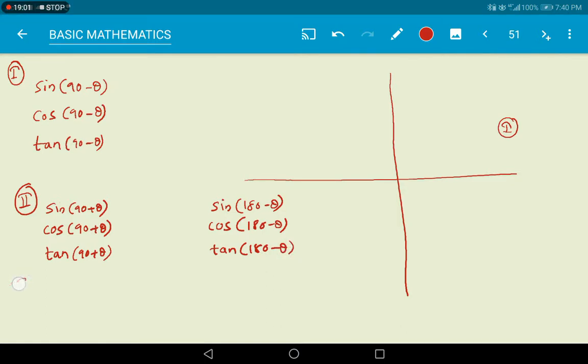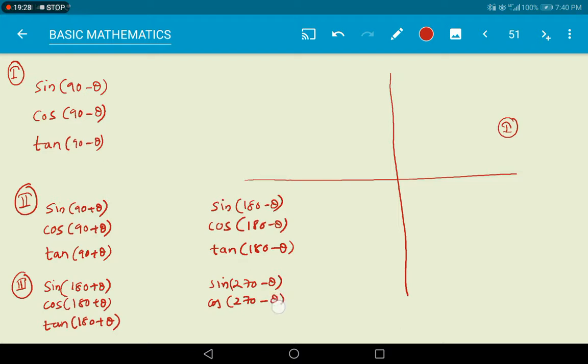And then what about the third quadrant? In the third quadrant, sine 180 plus theta, cos 180 plus theta, tan 180 plus theta, or sine 270 minus theta, cos 270 minus theta, tan 270 minus theta.